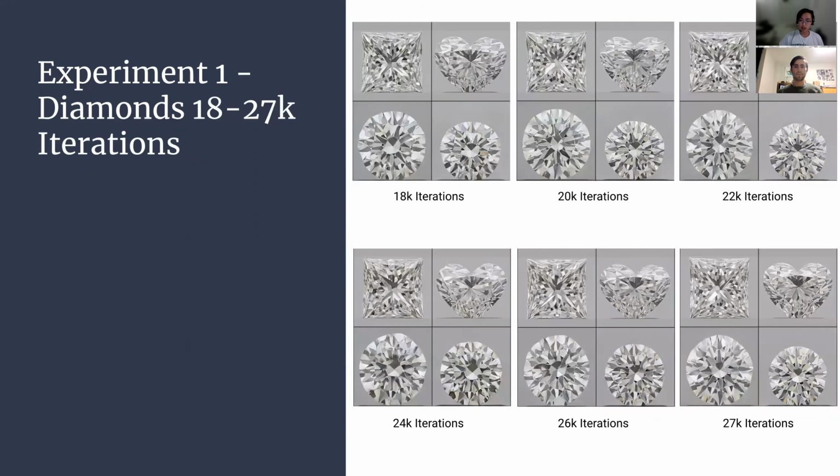And this is the last batch of training we did on the diamonds dataset, from 18,000 to 27,000 training iterations. By the 27,000th iteration, the generated diamonds look really good and realistic, and we think that the generator has done a really great job.